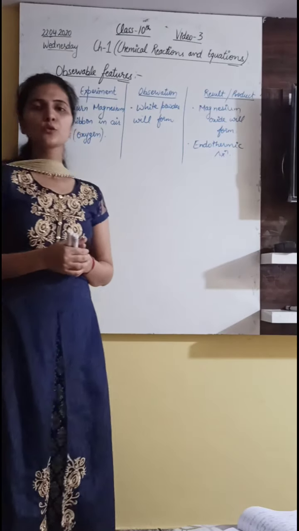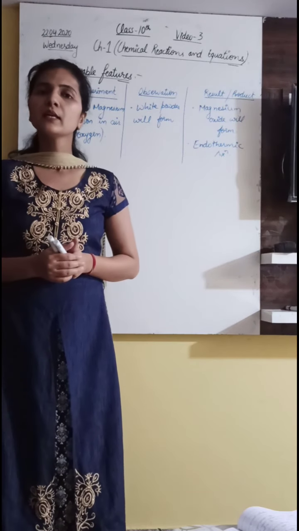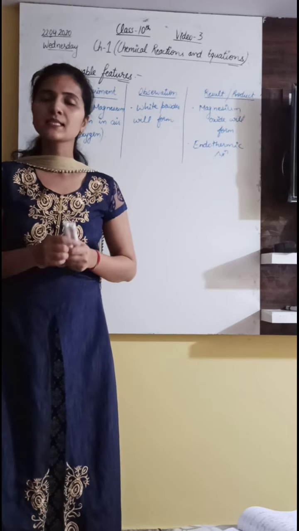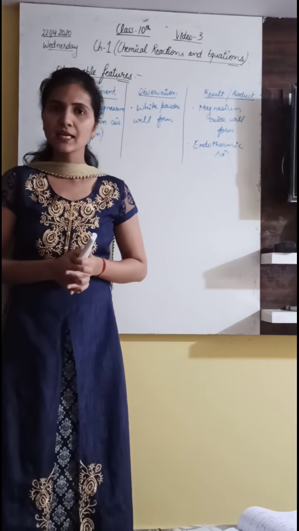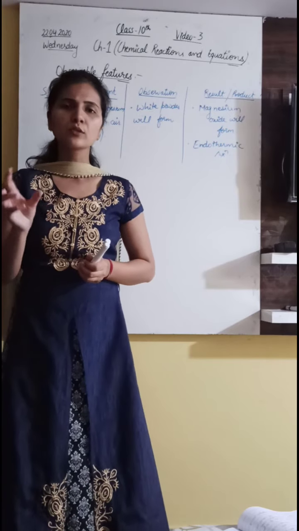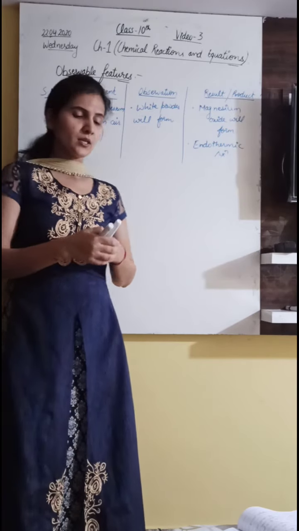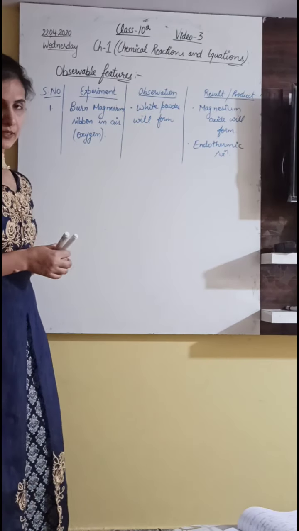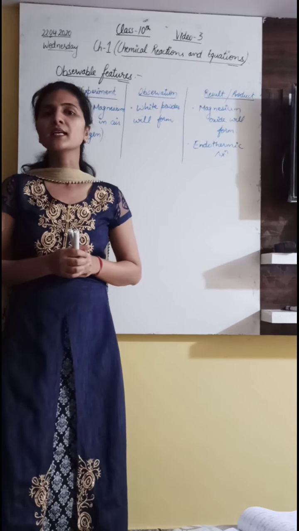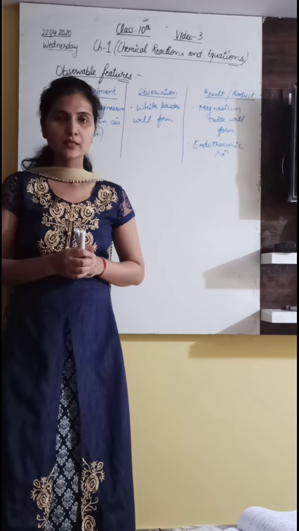Now I will give you one example regarding the change in color. Actually this example is not present in your NCERT notebook, but still you should know about these changes. So what will happen if we add lime juice to potassium permanganate solution?